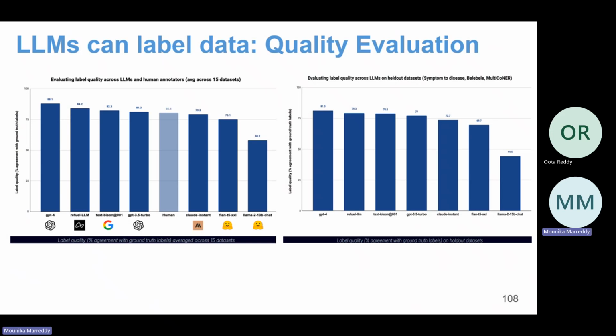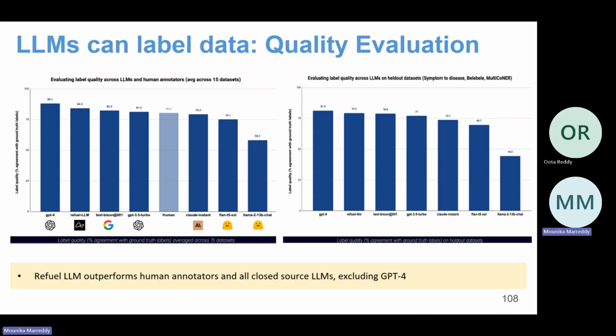But for Refuel LLM, they kept these datasets in the held out case. If you see here, it's clear that GPT-4 performed well even on the held out data, and Refuel LLM is also giving on par performance with GPT-4. So the conclusion from this slide is that Refuel LLM outperforms human annotators and all closed source LLMs excluding GPT-4.